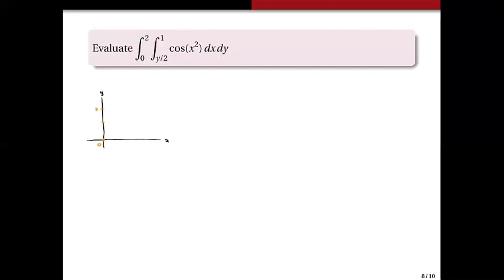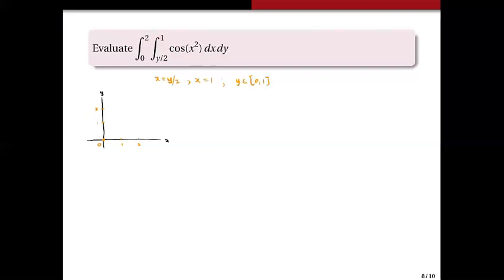Say this is 1, and then this is 1 for x. This is 2 for x. And then look at this. For the values of x, you have x equals y over 2 until x equals 1. And of course, your y is from 0 to 2.